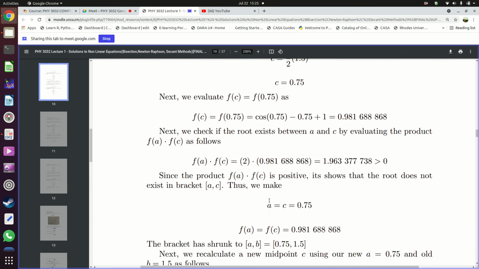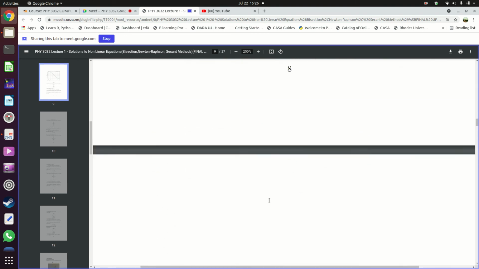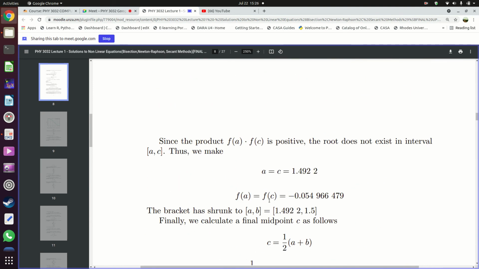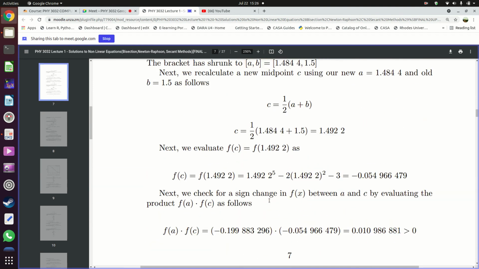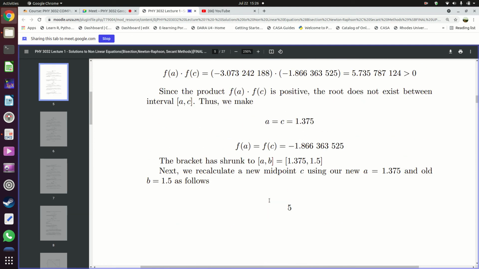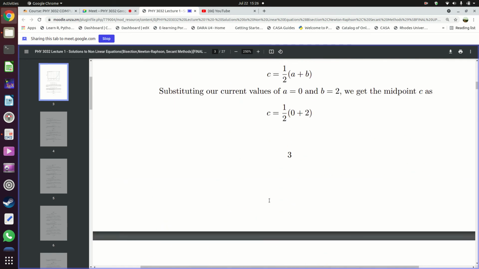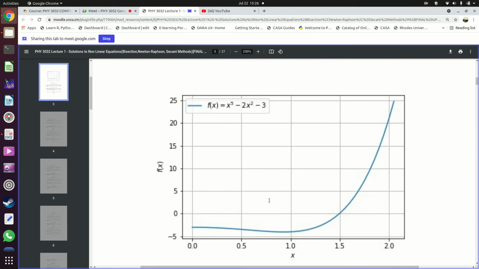If I go up, no, not this one, the first one we looked at with bisection. This one here. So this is our function, f of x is equal to x to the power 5 minus 2 x to the power 2 minus 3.